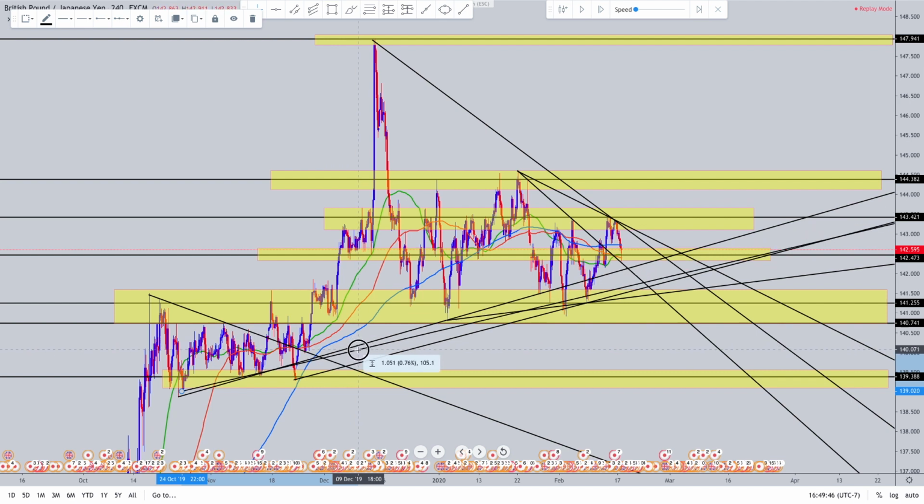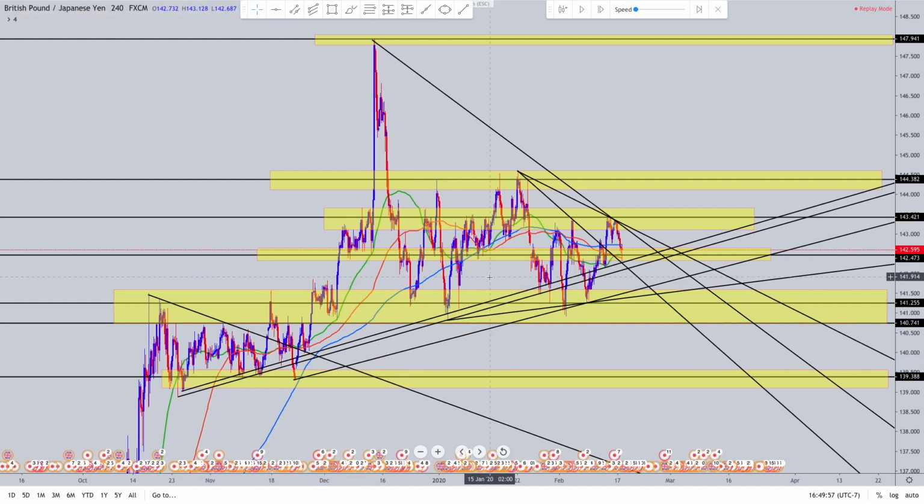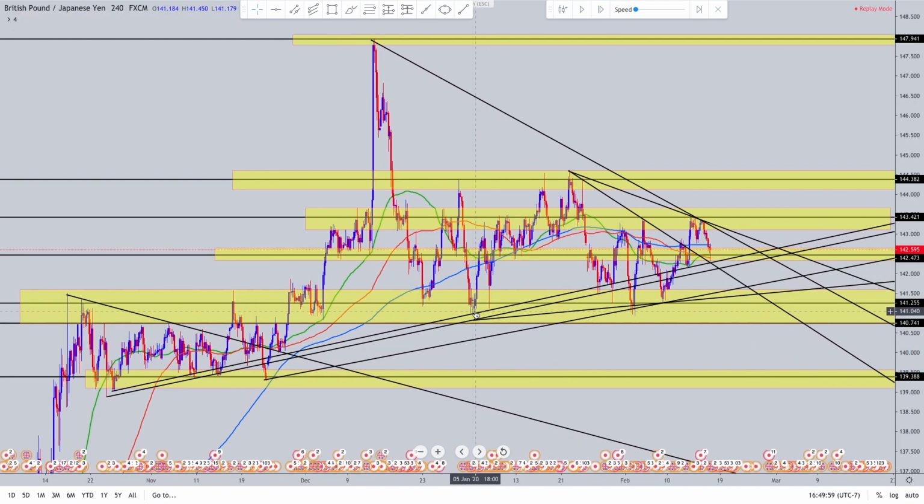I don't know, let's see. I guess this one sort of works since it's acted as support there, support there. As you can see, little wick, support and resistance, and then support right there, and then support there, support there. All right, let's just keep that.